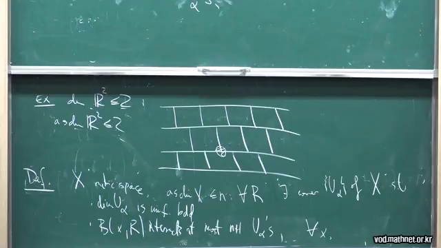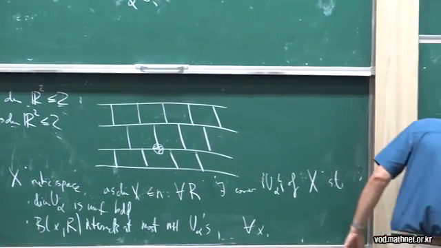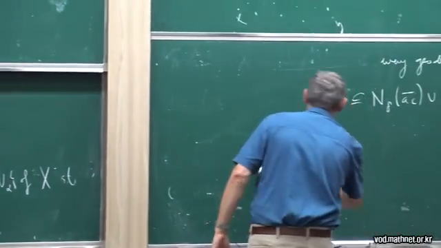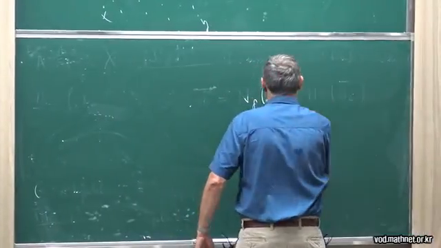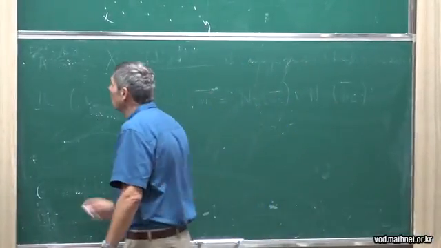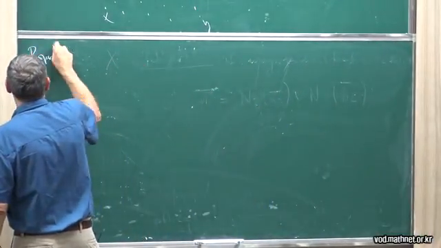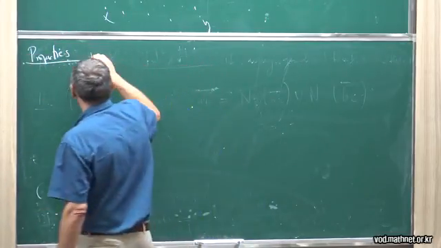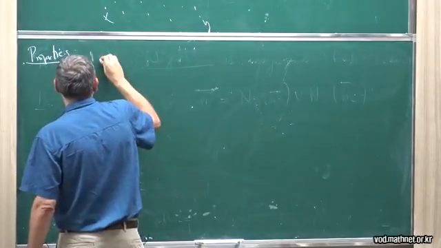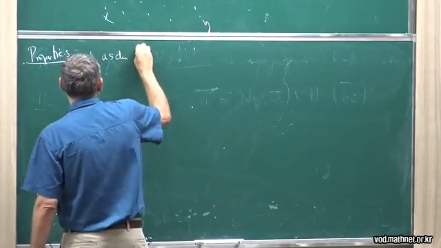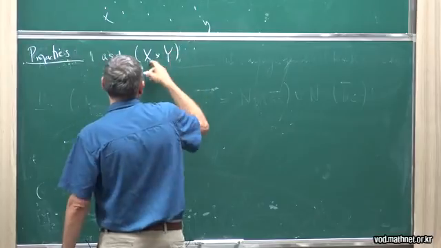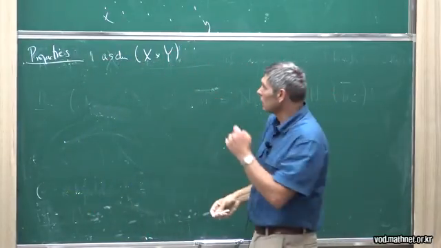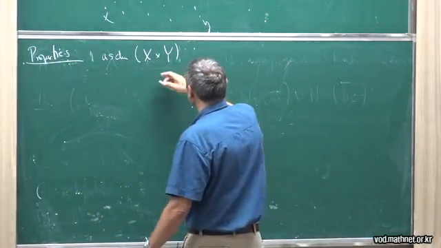So what are some basic properties? There's a product theorem: the asymptotic dimension of X cross Y, where you get to pick some natural metric on the product, like L1 or L2, it doesn't matter.